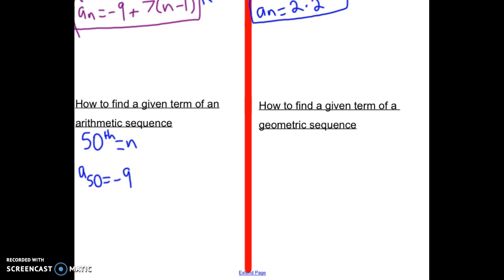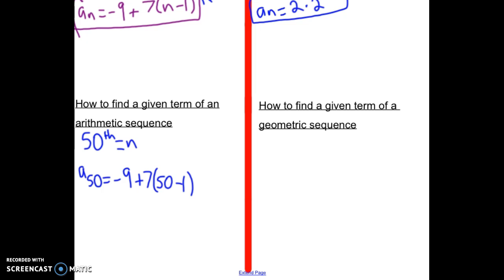Negative 9 stays the same, my explicit formula, plus 7 times, instead of n, hopefully you've guessed it, I put the number that we want to evaluate, 50 minus 1. Now, in your calculator, you can enter this in as is, and I'm going to go ahead and do that. You should get negative 9 plus 7, please try this, times 50 minus 1.